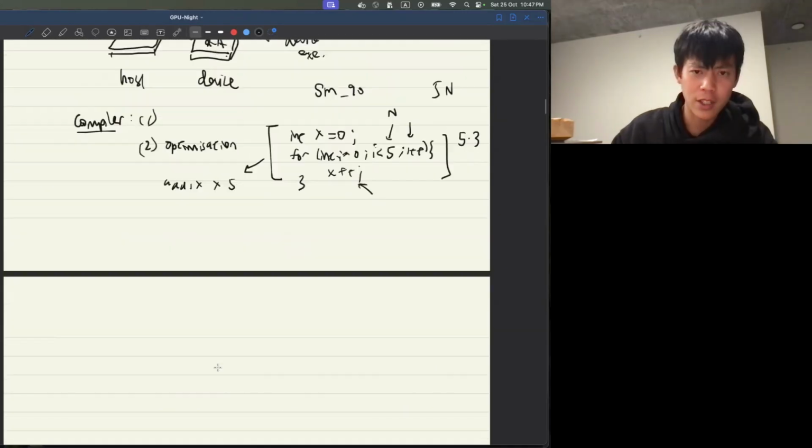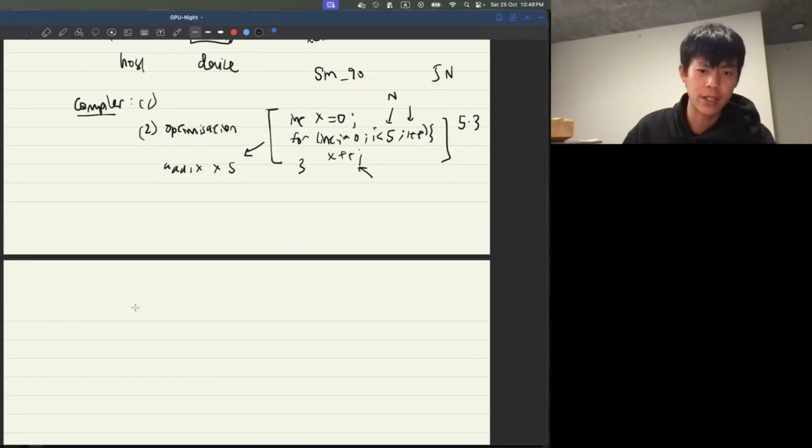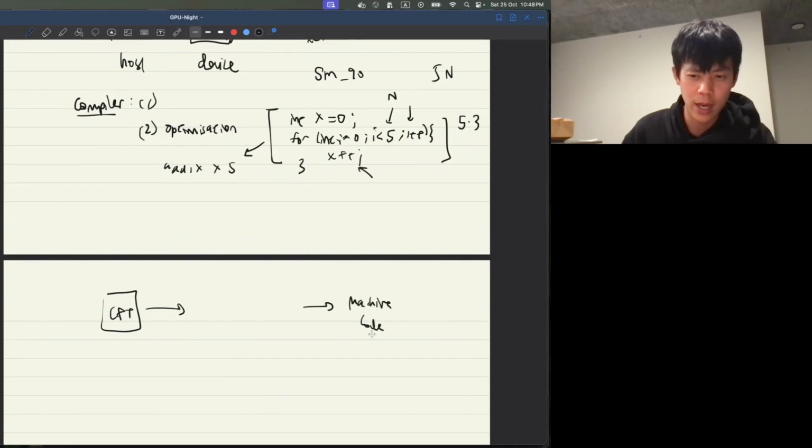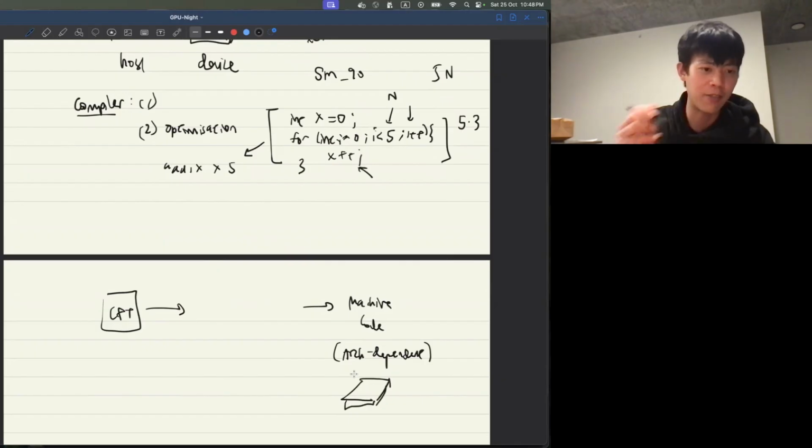How does the compiler do optimization over here? Well, usually the compiler takes in the C++ program. It won't immediately convert it into machine code, because machine code is already architecturally dependent, right? So the final state is machine code, and this is architecturally dependent. What does architecturally dependent mean? It means your underlying chip can be very special, right?